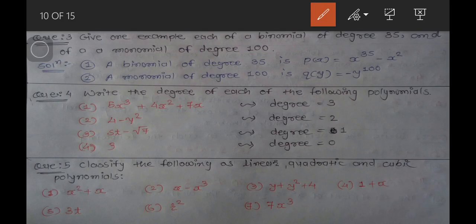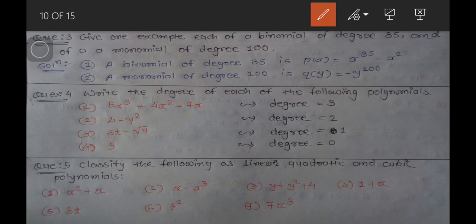Here a binomial of degree 35 is p of x equal to x raised to 35 minus x square. You can take any example, but in that example you have to put the highest power as 35, and also you have to note that the terms have whole number exponents.